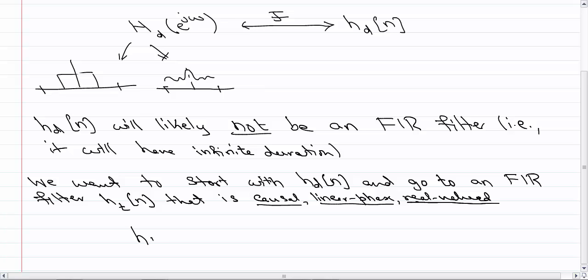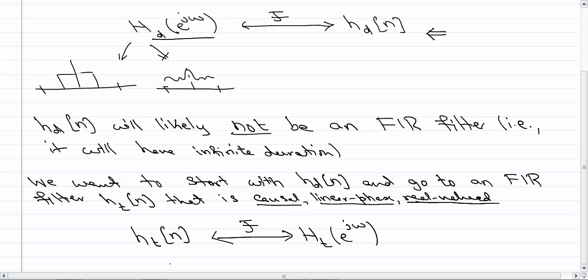So to do that, let's understand that h_T of n also has some frequency response. Let's call it H_T of e to the j omega. This is our ideal impulse response, and this is the ideal frequency response. We want to go from here to a finite impulse response, but what is the condition that we need? Once we are only using a finite number of values, our frequency response cannot be the same that we started with.